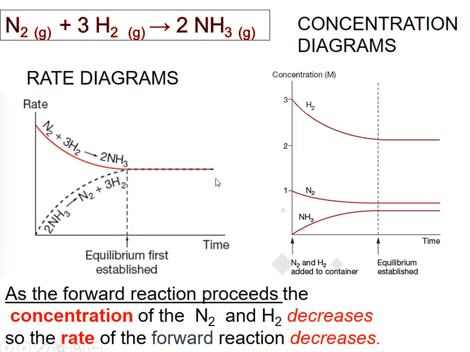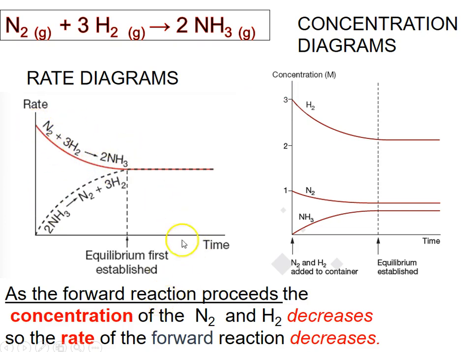Okay, so as the forward reaction proceeds, the concentration of the nitrogen and hydrogen decreases because there's collisions between the particles. The frequency of collisions between the nitrogen and hydrogen is the highest at the beginning because it's the highest concentration. So the rate of the forward reaction initially is the highest at the very beginning.